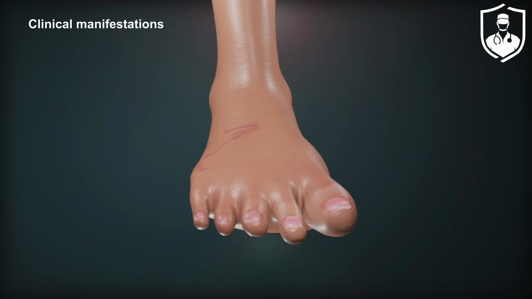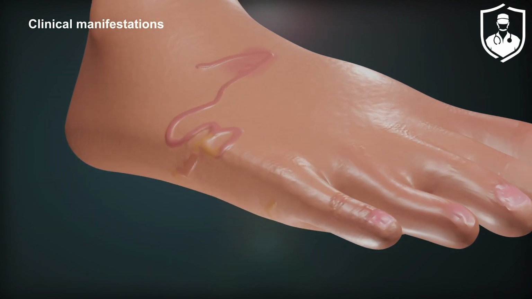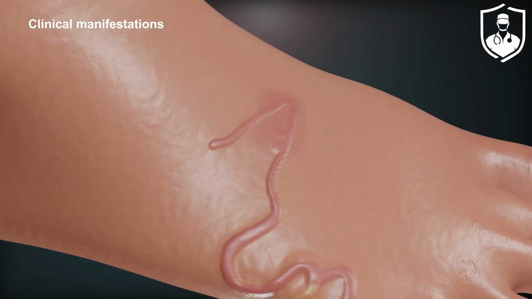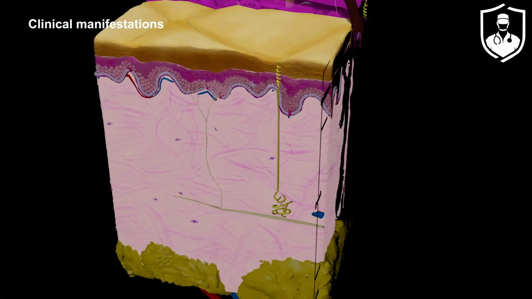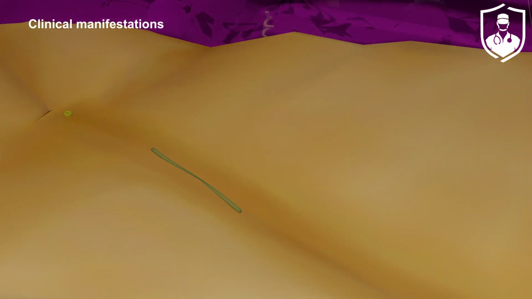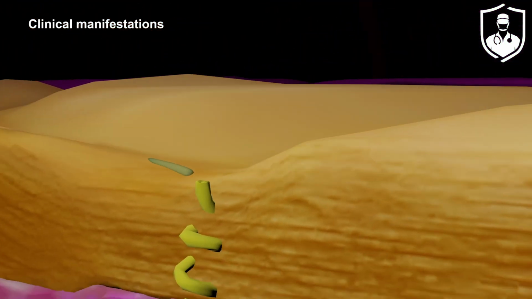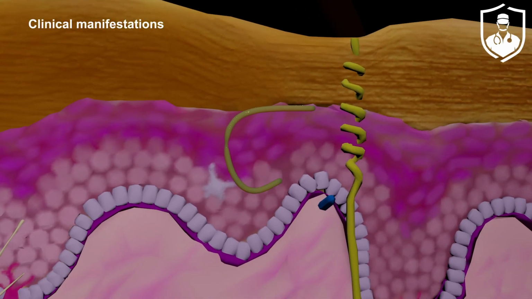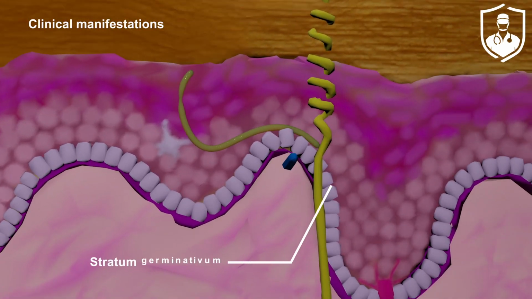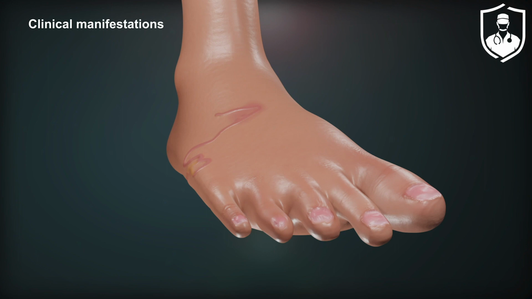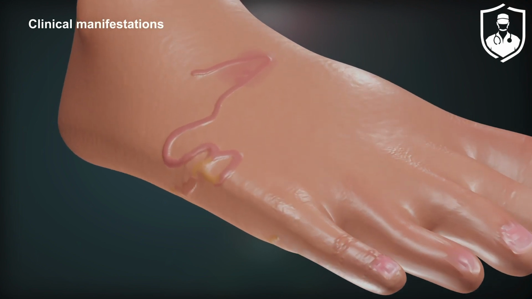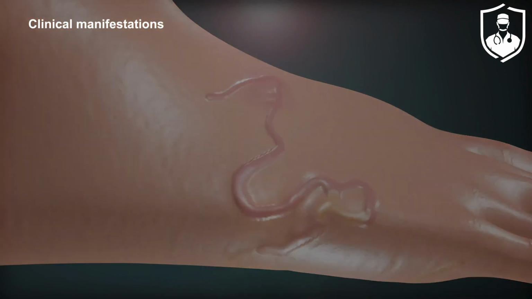Creeping eruptions or cutaneous larva migrans occur when the falciform larva fails to penetrate the stratum germinativum; they remain between it and the stratum corneum and wander about the skin, forming papular eruption through the path traversed.